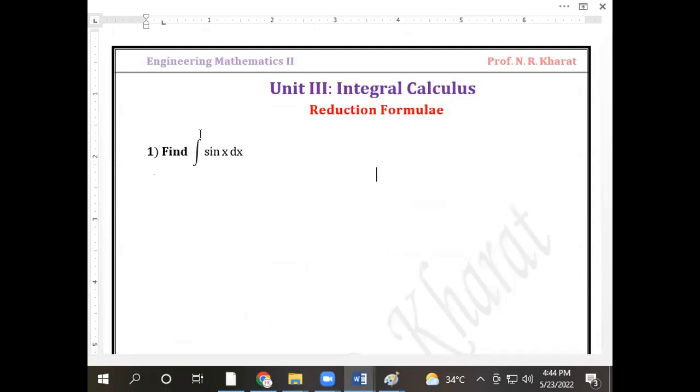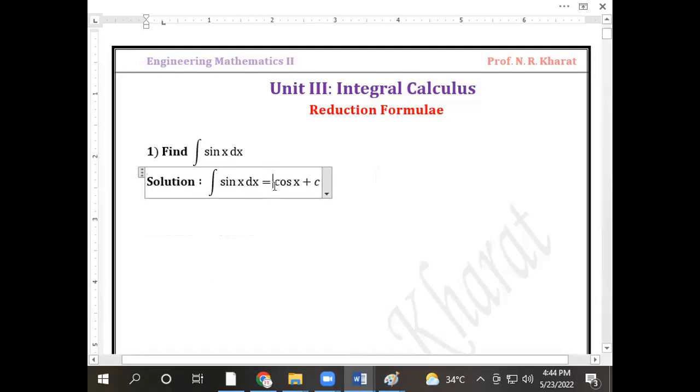We know that the integration of sin x is simply minus cos x, plus c, the constant of integration. It is very easy to find the integration of sin x by using the first principle of the derivative.